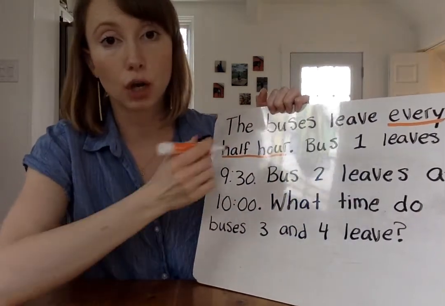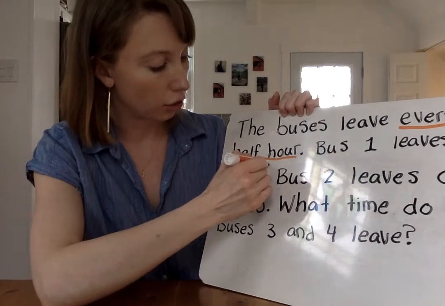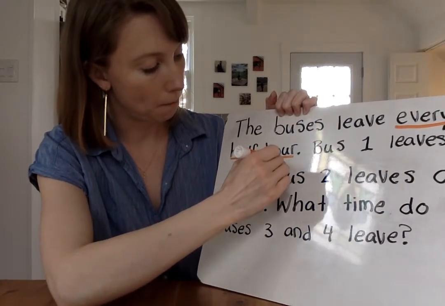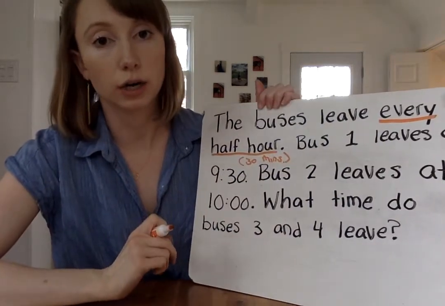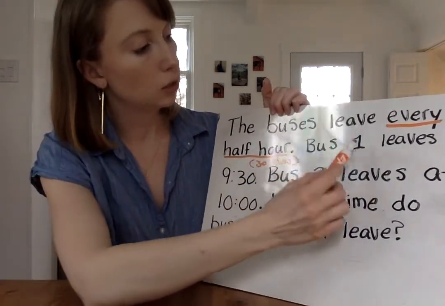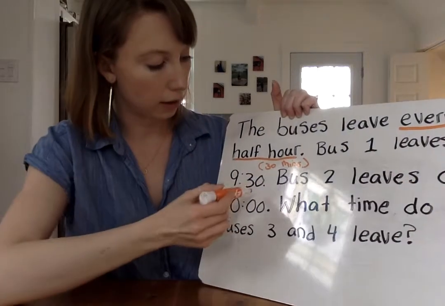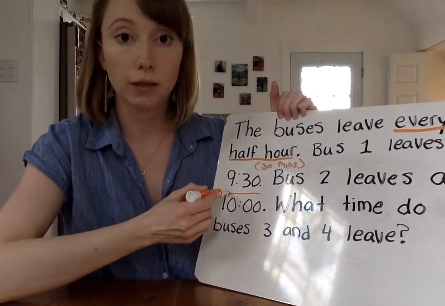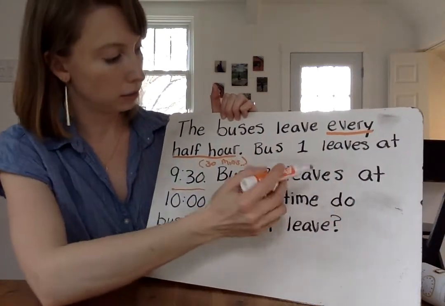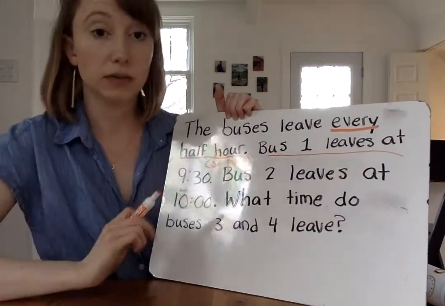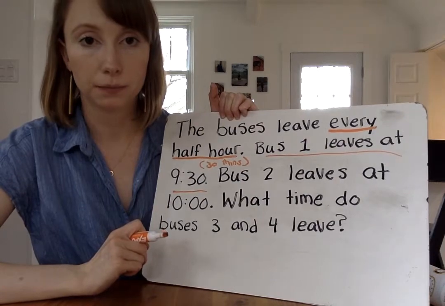I'm even going to make a note for myself that says 30 mins, because we know that a half hour is 30 minutes. Bus 1 leaves at 9:30. That is important information. Oops, sorry. Bus 1 leaves at 9:30.